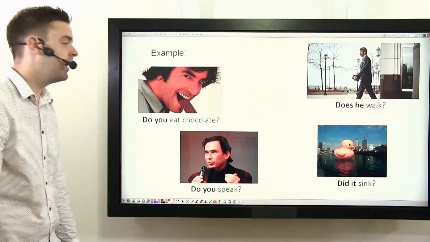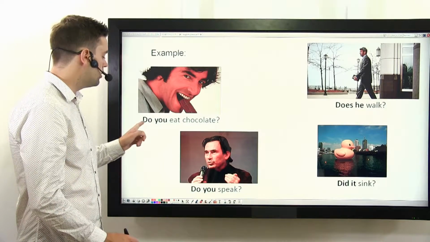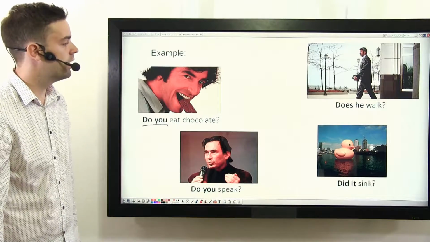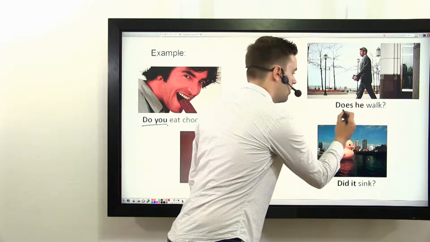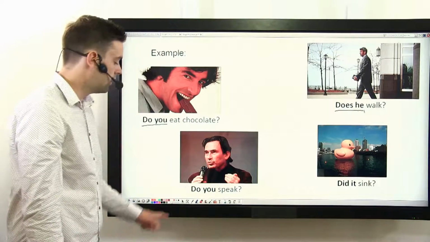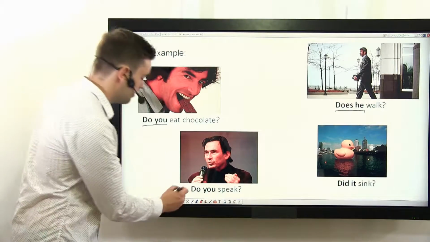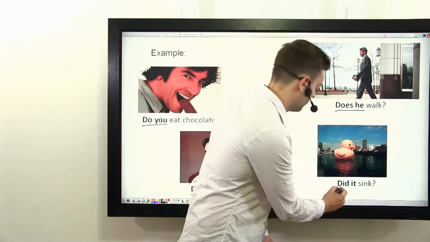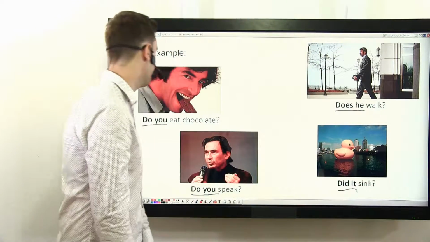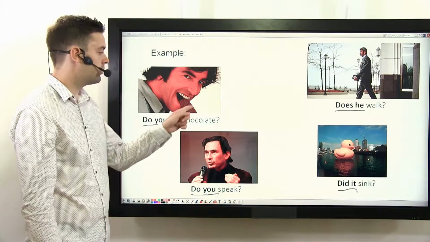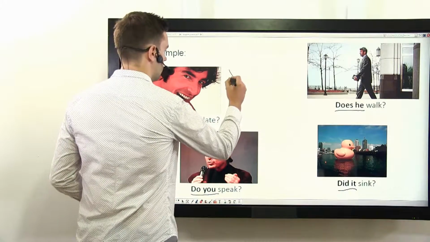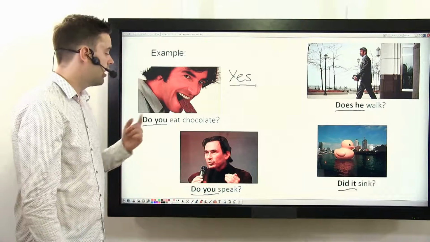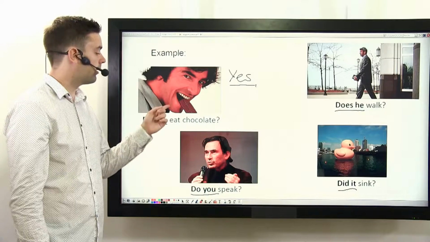Let's have a look at some examples. Do you eat chocolate? Does he walk? Do you speak? Did it sink? So, do you eat chocolate? Yes, I eat chocolate.